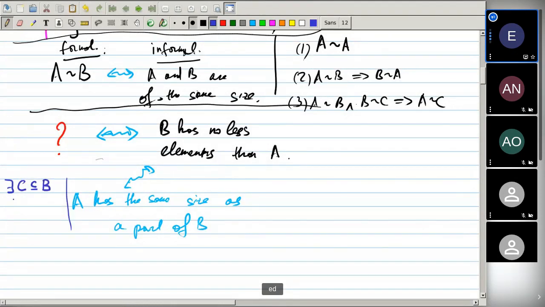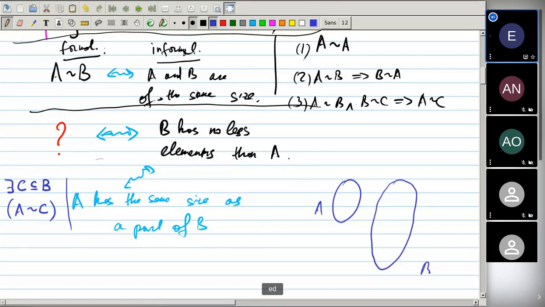There exists a subset C of B such that A is equivalent to C. Here we have A. This one is B. There is some C which is equivalent to A. There is a bijection between A and C. They are of the same size, and C is a subset of B. Is it clear?